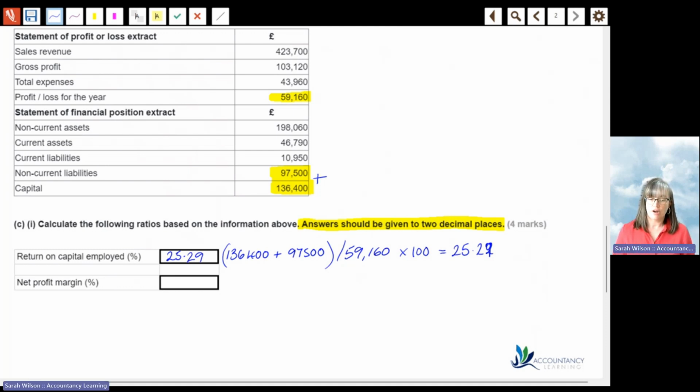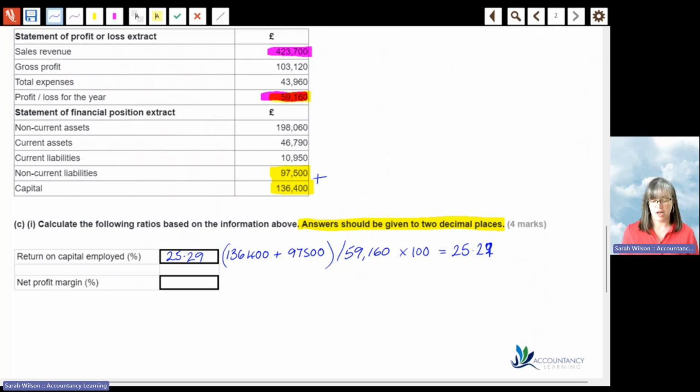So our next one then is our net profit margin. So for our net profit, we're also going to be wanting to look at our profit or loss for the year. So this is about how much profit versus revenue have we made. So we're also going to want our profit for the year, but we're also going to need our revenue figure.